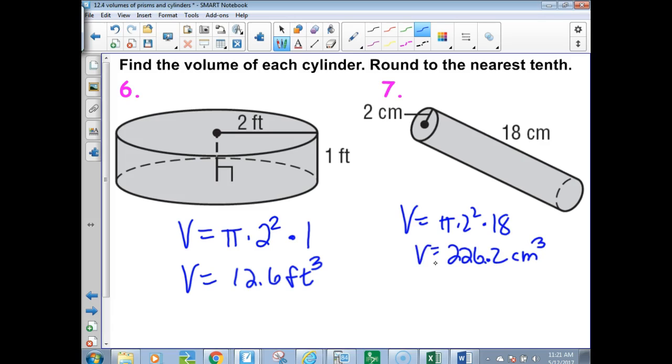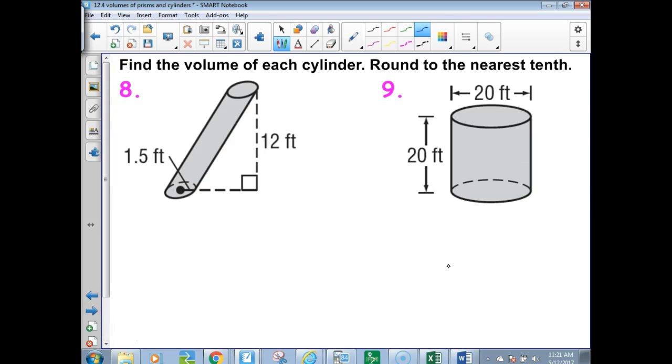What's the matter? No phones. All right, now this cylinder is just like the last one in the sense, well, it's got different dimensions. It's just tilted. It still is done the same way.